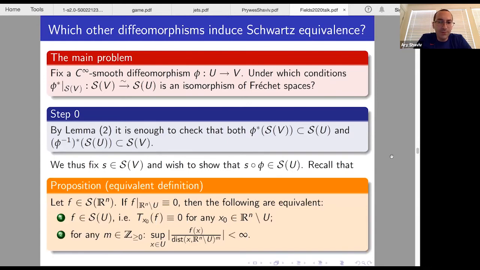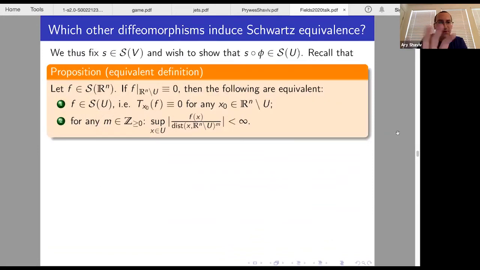So recall the proposition we had in the beginning. If we have a Schwartz function on the big space R^n that is identically 0 outside some set, then in order to show that this function is Schwartz on this set, it is enough to show that if you divide it by the distance to the boundary function to high powers, you get something that is bounded. So let's just keep this in the next slide.